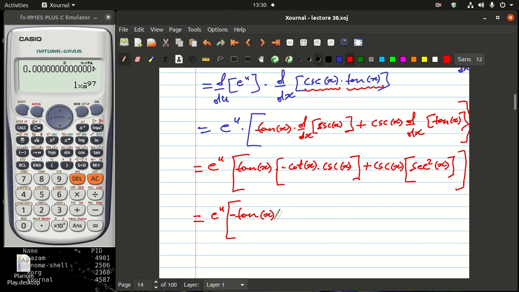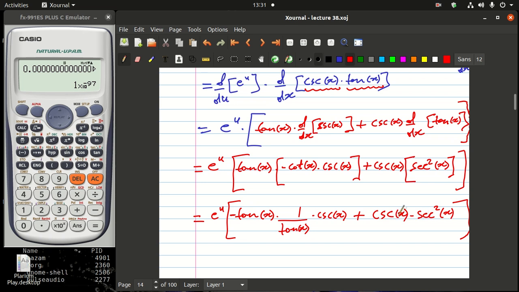I have tan of x, and then I still have a cot of x, and then I still have cosec of x, and then here I still have plus, and then I have cosec of x, and then times sec squared of x. Right, now if you notice, what is cot of x? Cot of x is the same as 1 over tan of x, right?